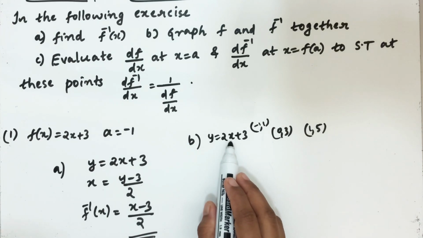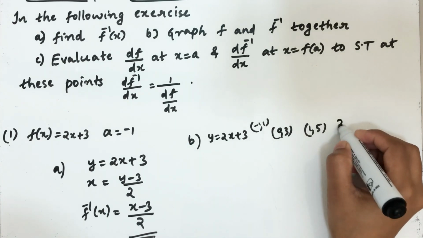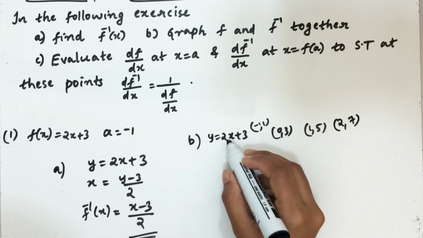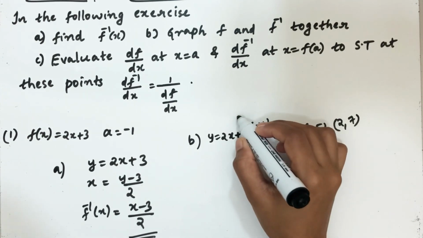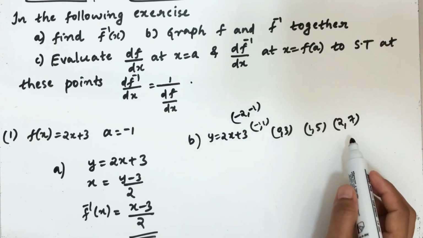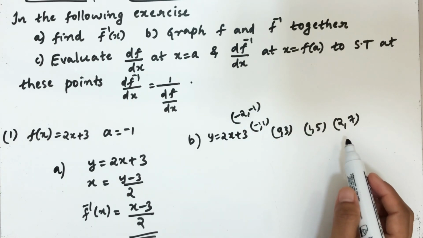When x is equal to 2, 4 plus 3, 7. So (2, 7). When x is equal to minus 2, 3 minus 4, that is minus 1. So (minus 2, minus 1). This many points are enough, so we can draw f of x.